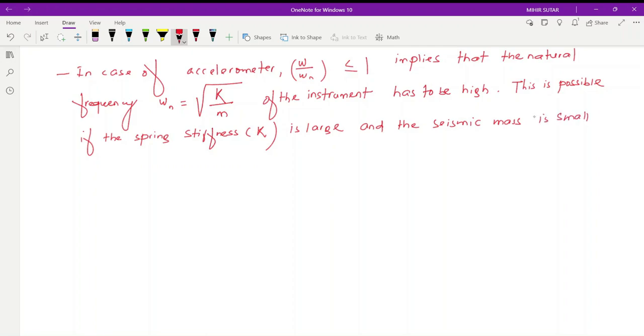Obviously, if you want a bigger ratio, then K has to be larger and M has to be smaller. Then only the value of omega n, the natural frequency of the instrument, will be larger, and hence the instrument can be small in size.